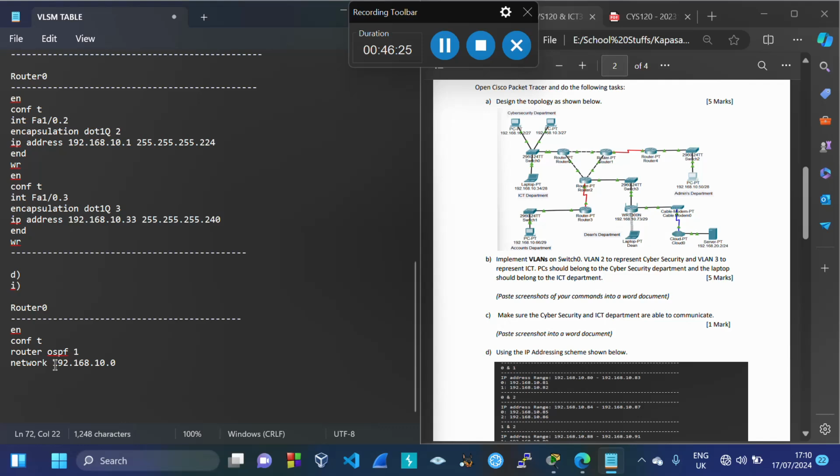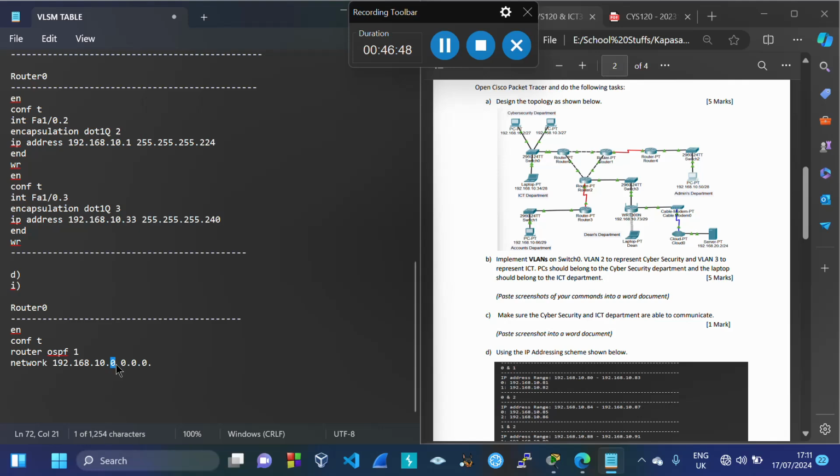So it will depend on the class of an IP. Since this is a class C, this part won't change, which is 192.168.10. So this portion will be represented by zeros. This will be a 0, 0, and this will be a 0. So I'll put 3 zeros to represent that portion.